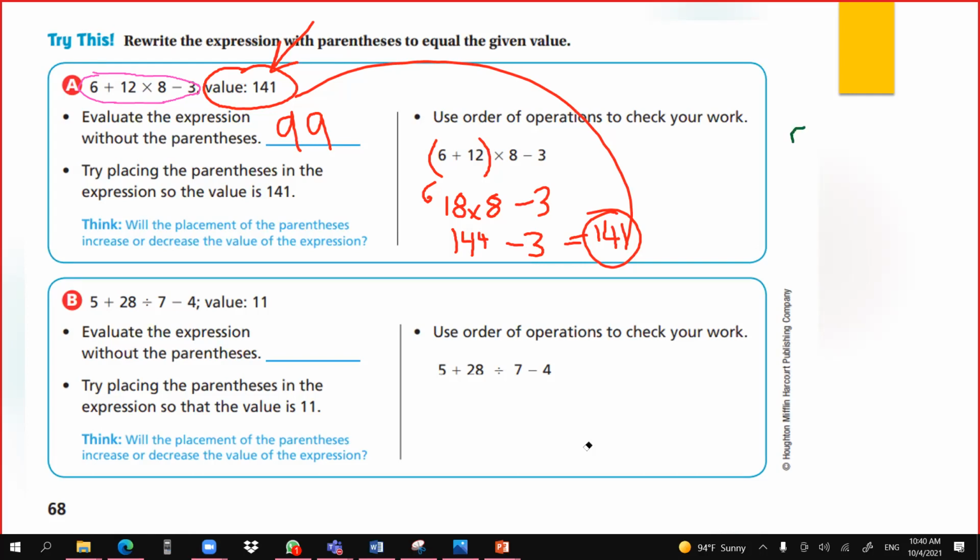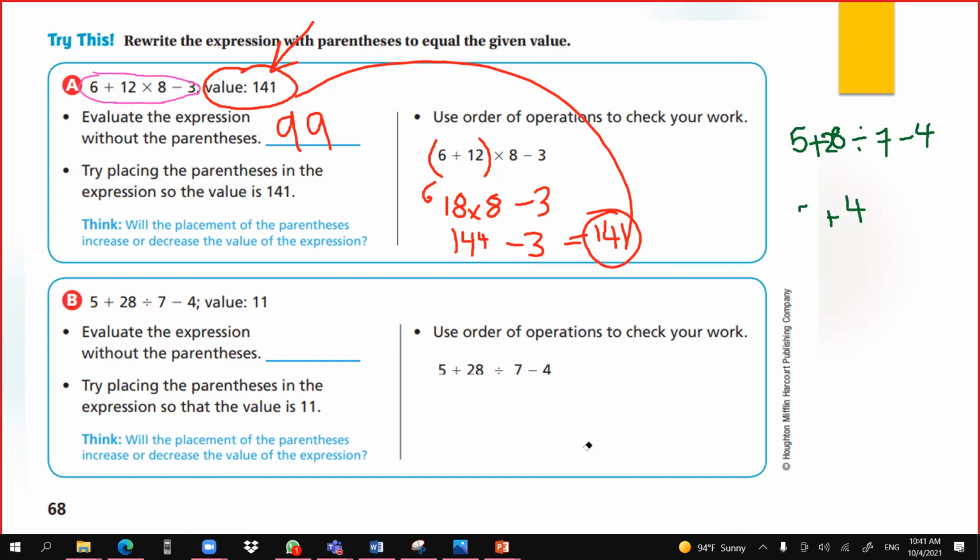Here, 5 plus 28 divided by 7 minus 4. What do you have to do first? Divide. So 28 divided by 7 is 4.